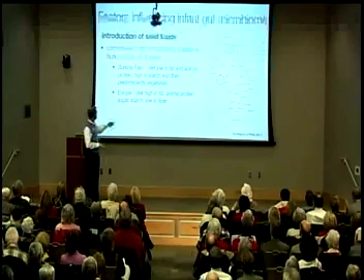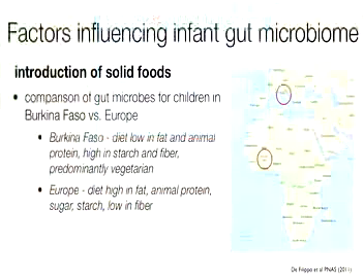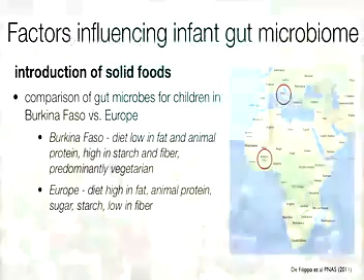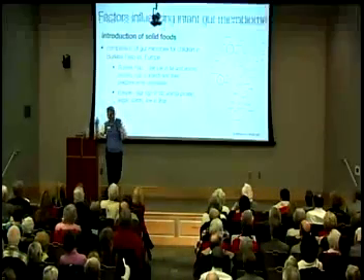If you live in Burkina Faso, you have a diet that has almost no fat and animal protein, is very, very heavy in vegetables and cereal grains. It is pretty much vegetarian except for the occasional termite, which is an important protein source for these individuals.